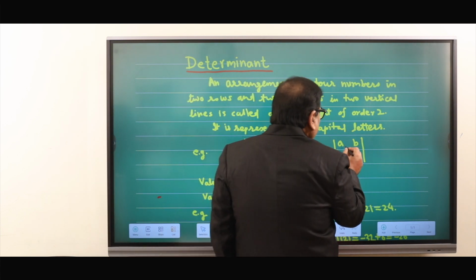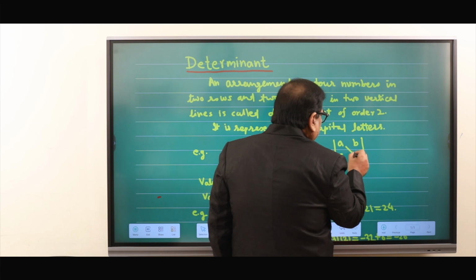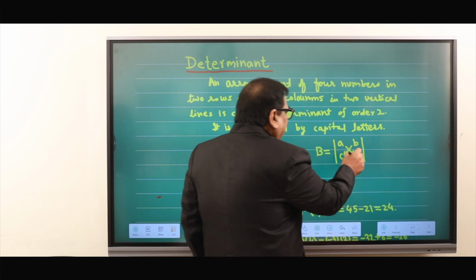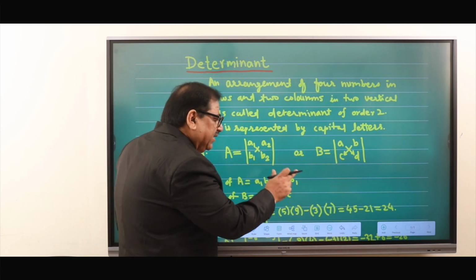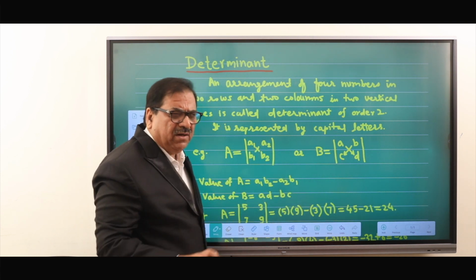Similarly, we can write: the value of B is ad minus bc. Very simple.